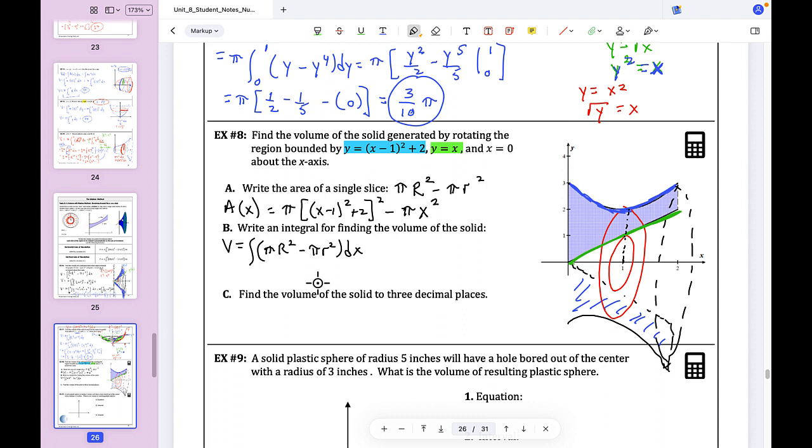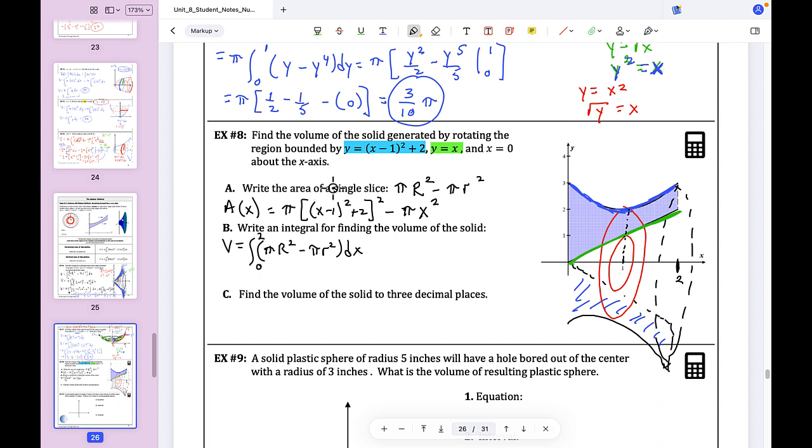It's generated by rotating y equals x and x equals 0. Oh, they have it marked here. x equals 2 right here. So we're going from 0 to 2.